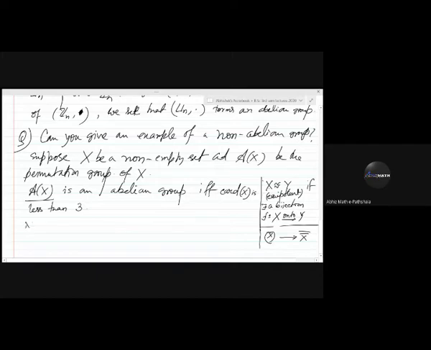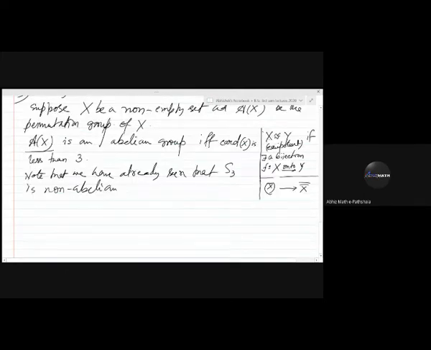So note that we have already seen that S3 is non-abelian, because if you look at the elements of S3 that I have written, phi psi is not equal to psi phi.